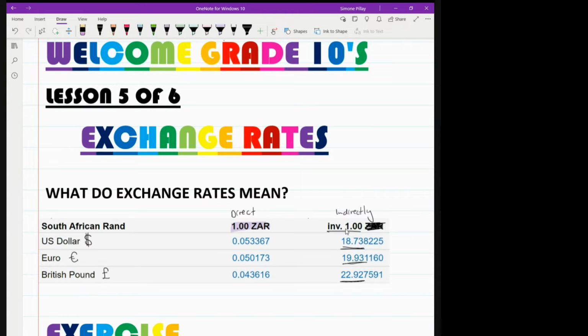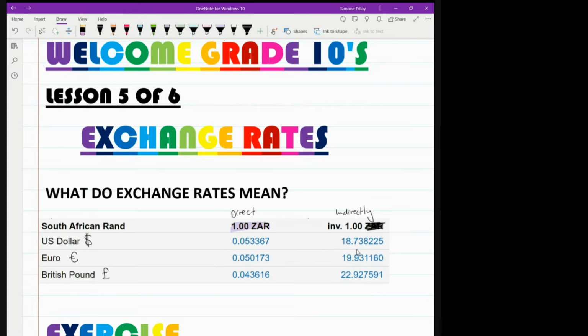So if we walk into a shop and we give them 100 rand and we ask them for dollars, they're going to take your 100 rand and they're going to multiply it by the 0.05. And then if we're coming back now from the USA and we have leftover money, for every dollar I give them back, they're going to give me back 18 rand 73.